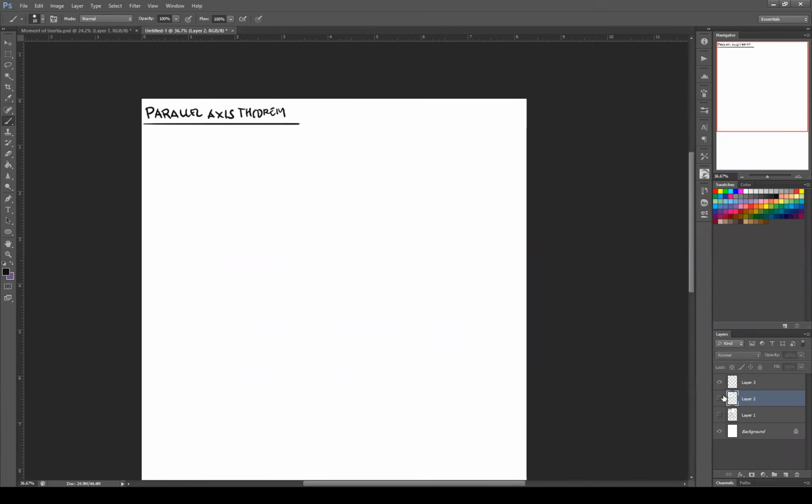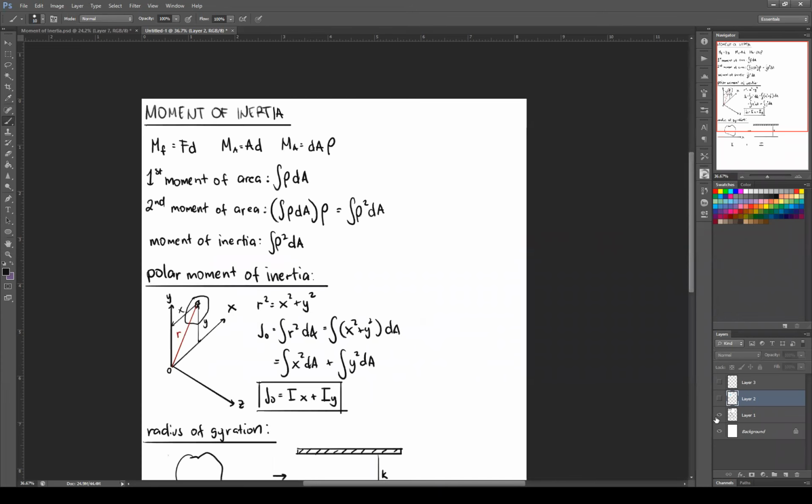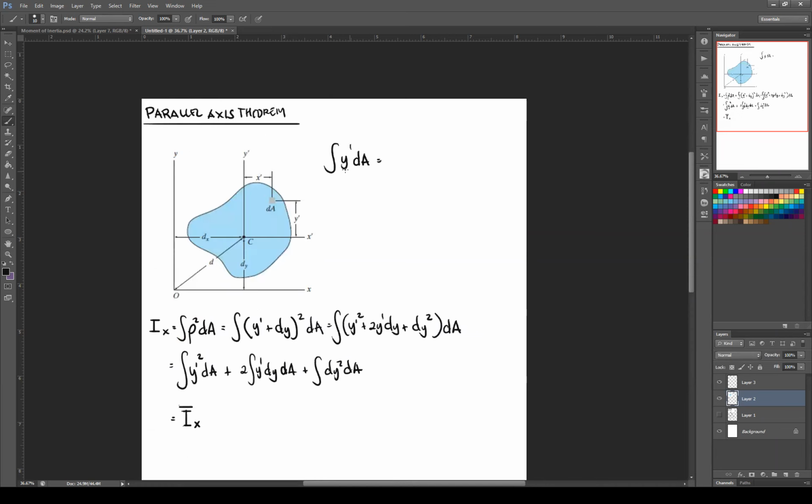If you recall, that is our first moment of area, the integral of rho dA, or integral of y dA. To be more specific, this is the first moment of area about the centroid, since y prime is from the centroidal axis.